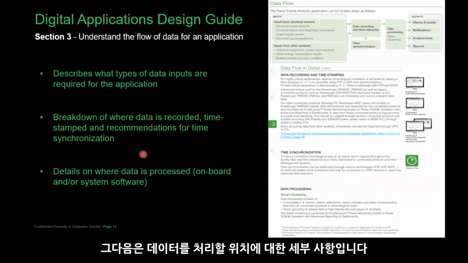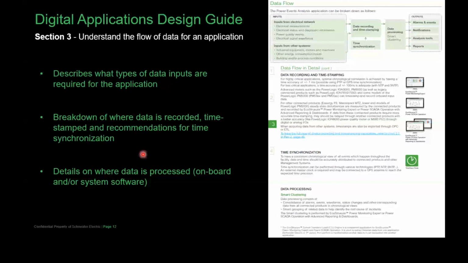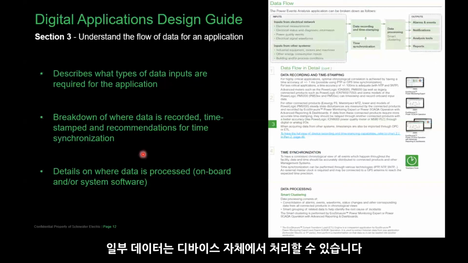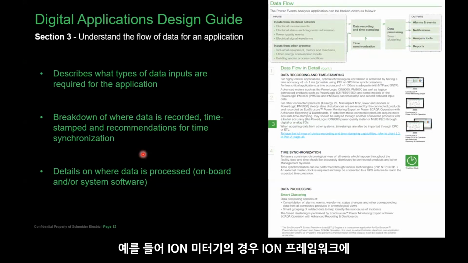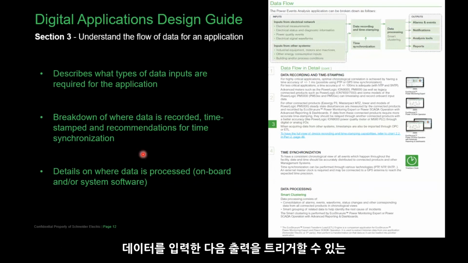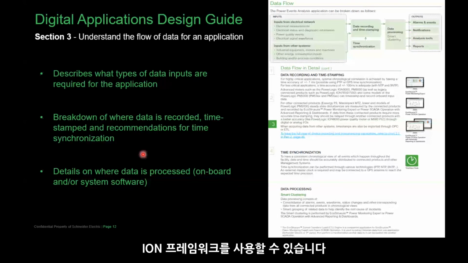Then of course, details on where the data is going to be processed, okay? Some data can be processed in the meter itself, in devices that have PLC-like capability. For example, for ION meters, you can use the ION framework, where you input data into the framework and then trigger an output.